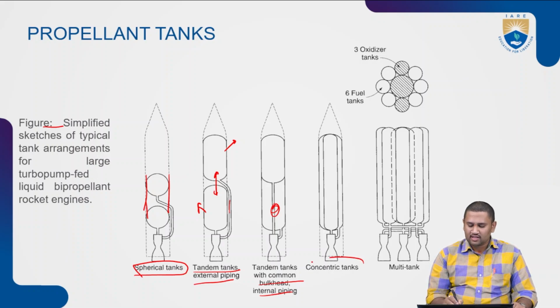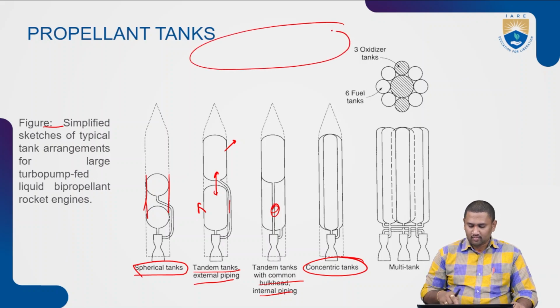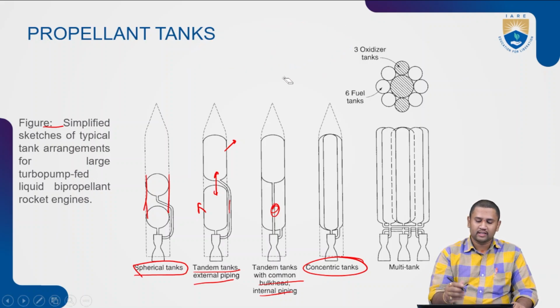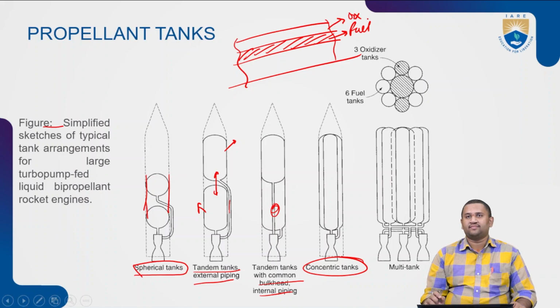Now, coming to concentric tanks. Concentric tanks are two tanks that are concentric in nature. The central tank will hold the fuel, whereas the other will hold the oxidizer.